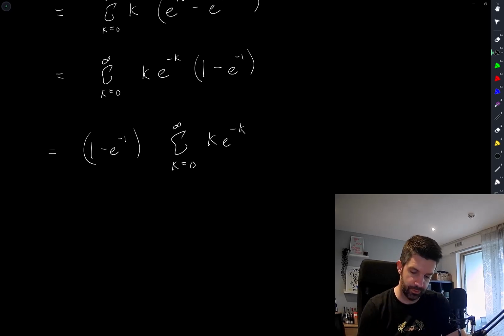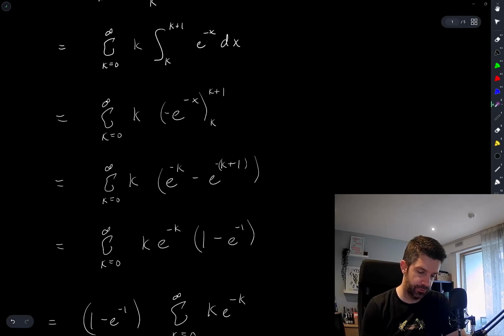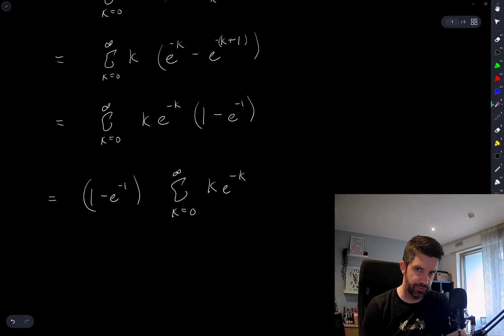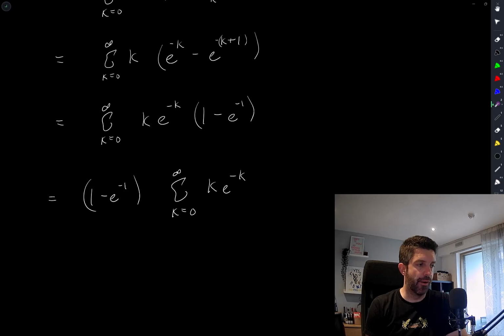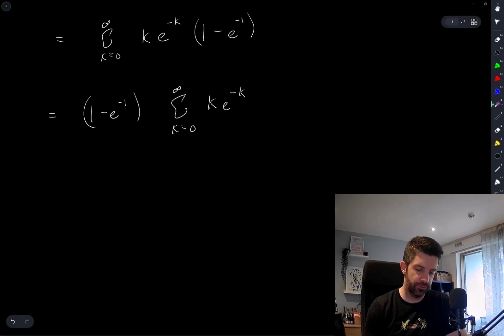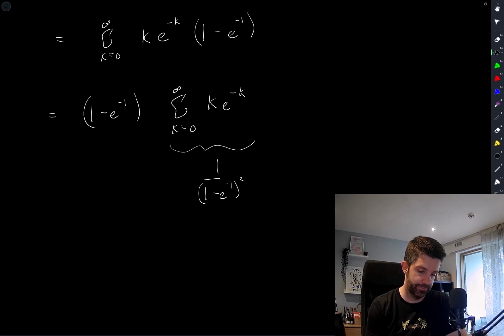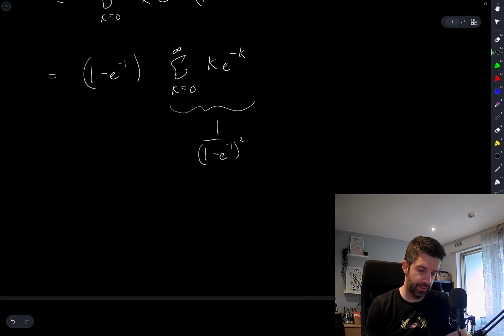Okay, so it's an arithmetico-geometric series. I don't remember the formula exactly for this, but I think this is equal to 1 over 1 minus e inverse squared, in which case the answer becomes 1 over 1 minus e inverse.